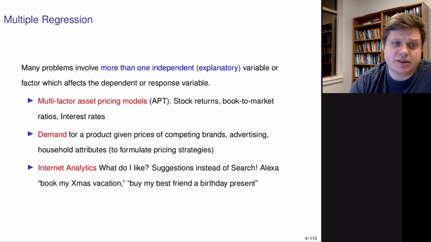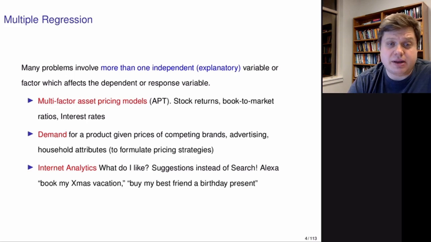Another example is multi-factor asset pricing model, APT, when you try to calculate the stock returns, and they will depend on multiple market factors. If you try to predict demand for a specific product, then besides just dependency between demand and price, there are also advertisement campaign and other attributes might affect what demand you'll generate for this product.